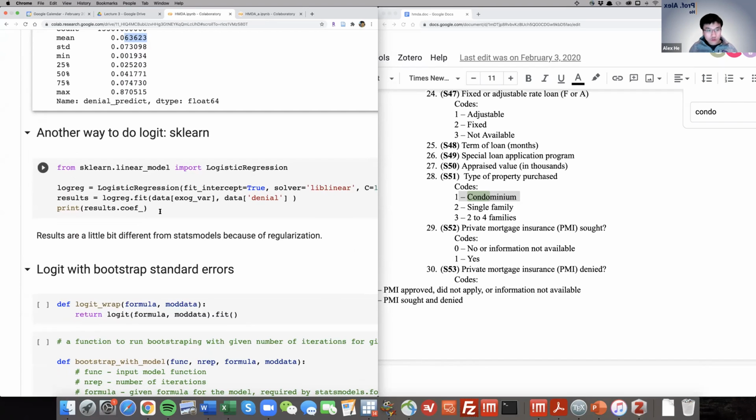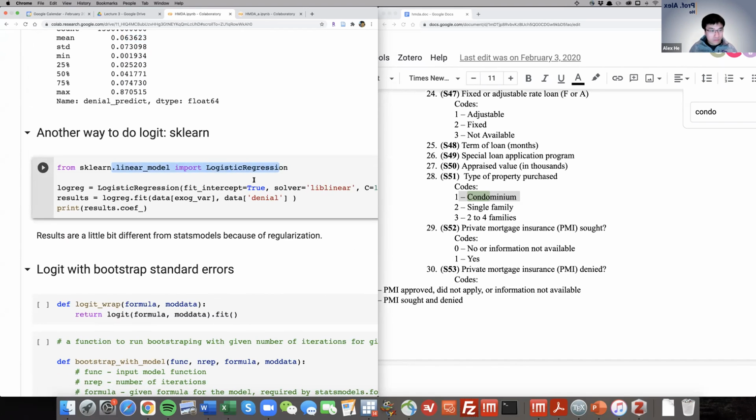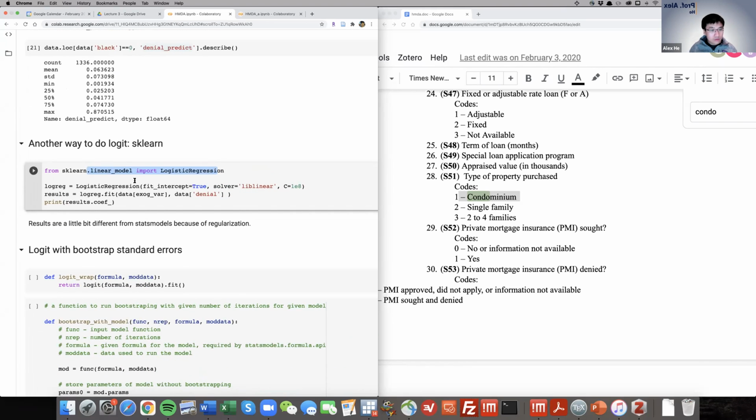Another way to estimate the logit model is using scikit-learn. From there, you import this function called logistic regression. The first is just some specifications of how you would estimate that. Then the input is the exogenous variables, again the predictor variables in our data, and the second argument is the variable that's to be predicted.